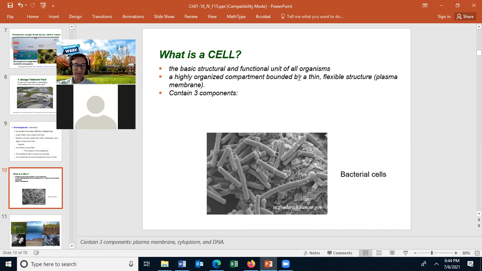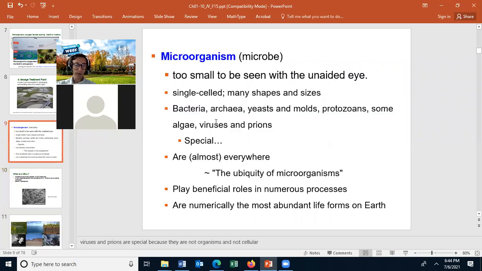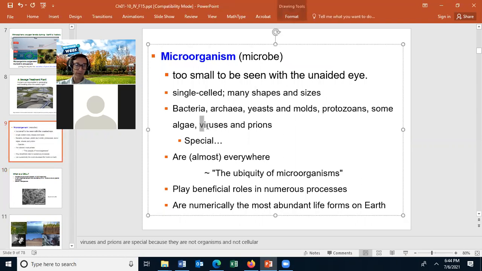When I say that cells are the functional unit of all living organisms, it's debatable whether viruses are alive or not, and we're not going to get into that debate. They certainly don't have cells, and prions, everyone would agree, are not alive. Okay?